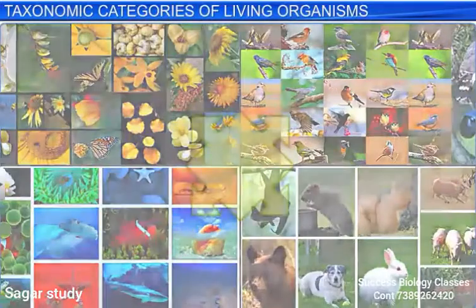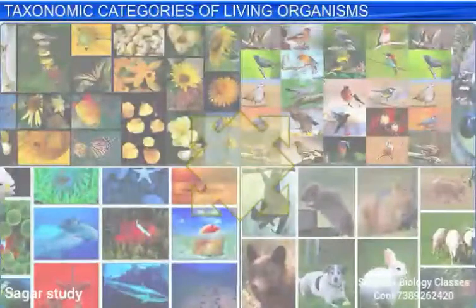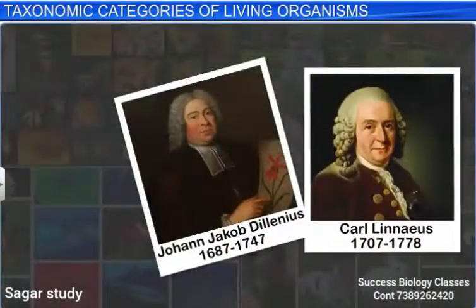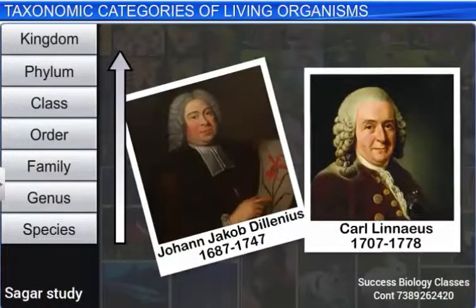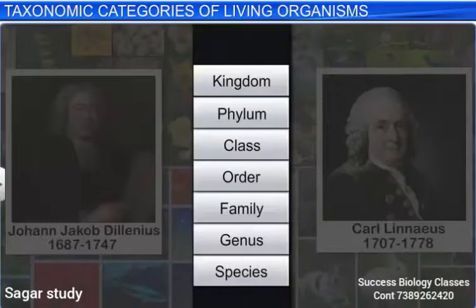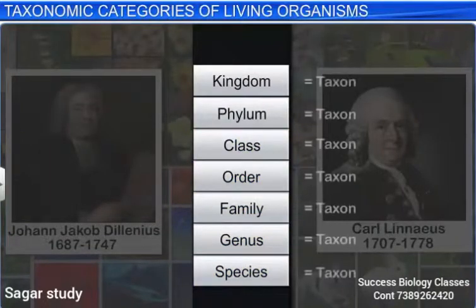In order to group these plants and animals based on observable characters, several taxonomists have classified them in a hierarchical structure that consists of ranks or categories. Every category is referred to as a unit of classification and is commonly termed as taxon.